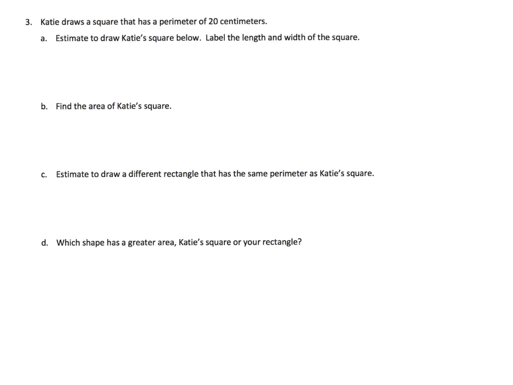All right, this is a bit of a reading mystery. It's all about the reading on this one. So it says, Katie draws a square that has a perimeter of 20. And we're supposed to estimate what that square would look like. So remember, first off, she's drawing a square. So we know that all 4 sides have to be the same. That doesn't exactly look like it, but pretend, all right?